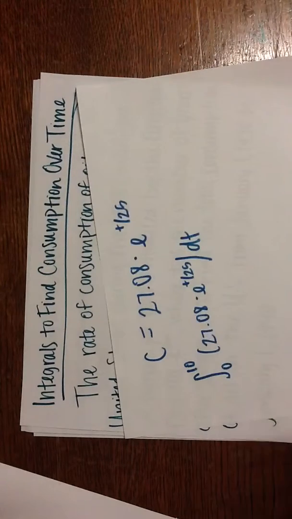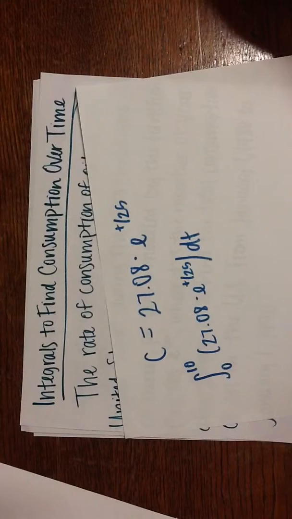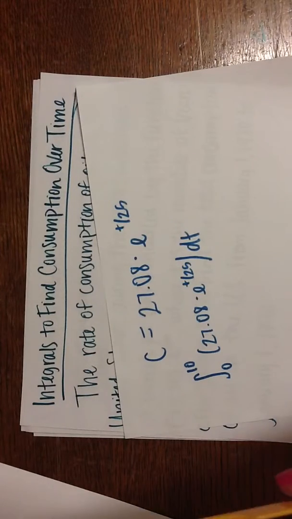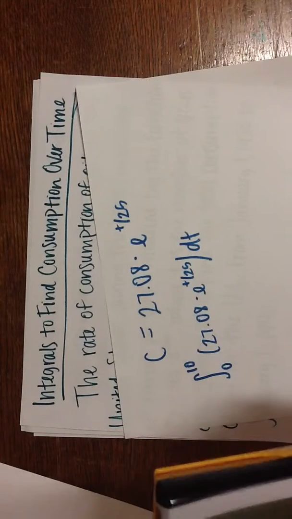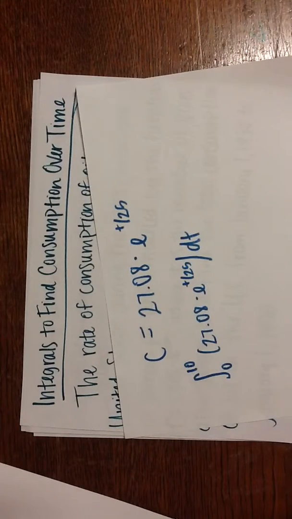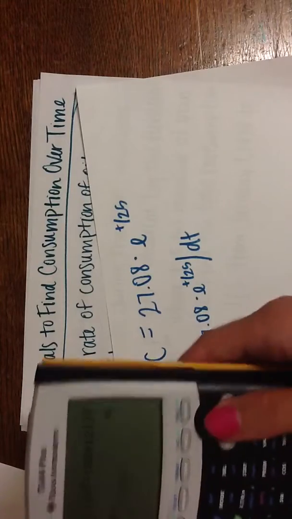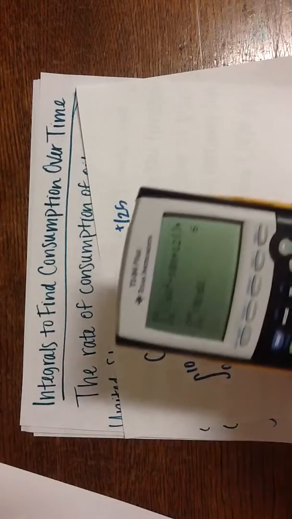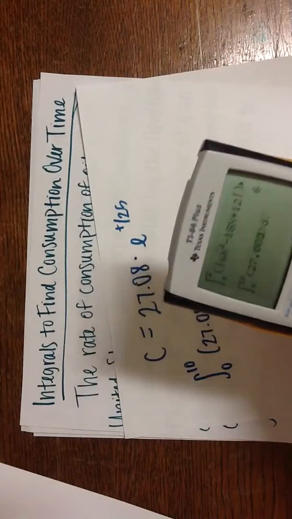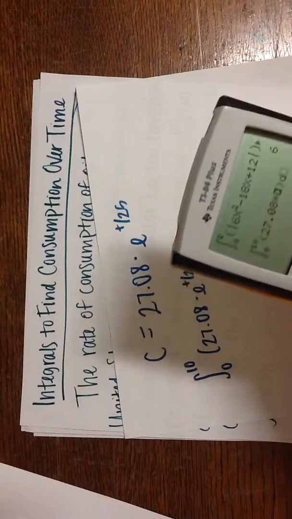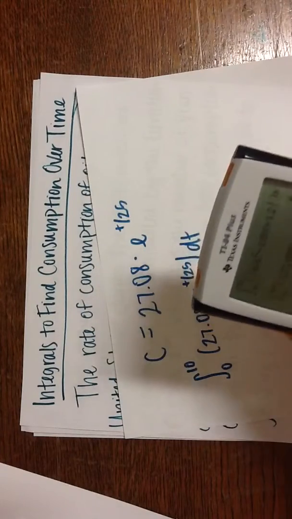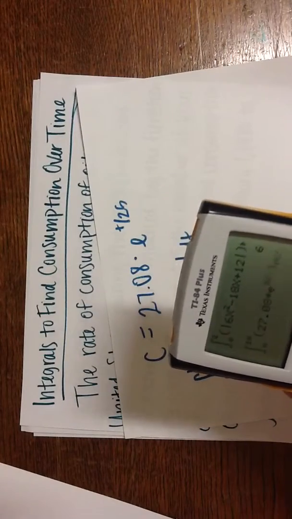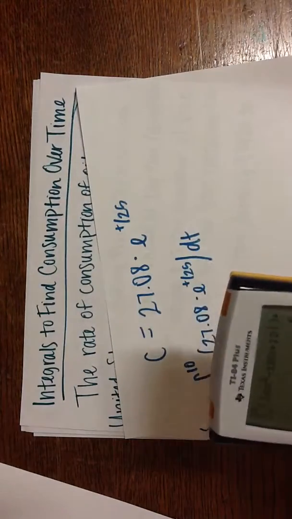dt. Now this one is a very complex antiderivative, so we are not going to use antiderivatives. We are going to again use function integration, or math option number 9. So from 0 to 10, 27.08, and you should be following along as well to make sure you get the right answer, times e to the t over 25 dx.